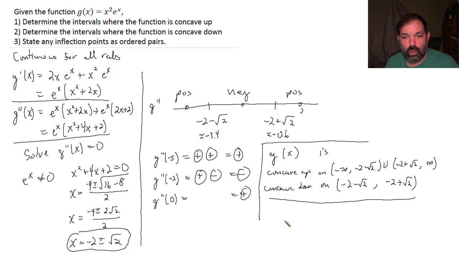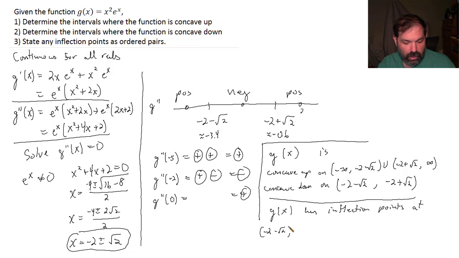And so we can find those ordered pairs. g of x has inflection points. And here I'll use some approximations. So we'd have negative 2 minus the square root of 2, and I'll take that value and substitute it into the function. So my function is x squared times e to the x.